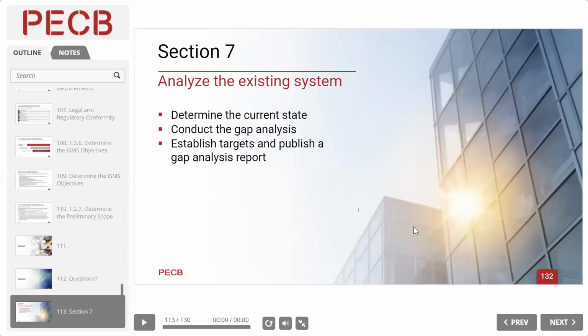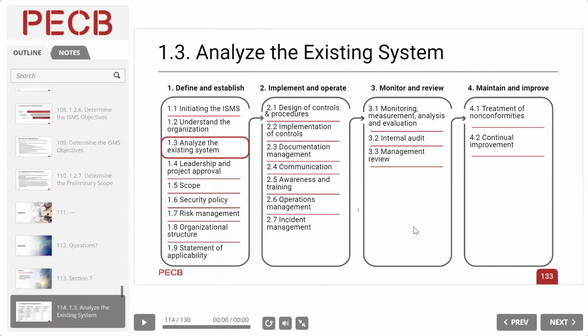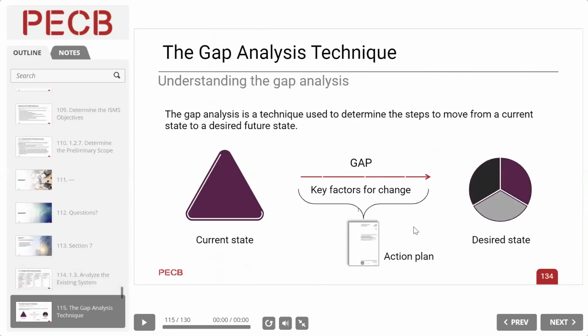So, analyze the existing system. After we've understood the organization, we need to analyze the existing system. We call that the gap analysis. We need to understand where you are now and what needs to be done to get you to the desired state.